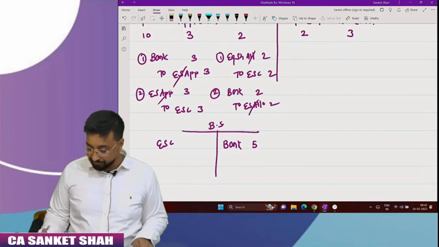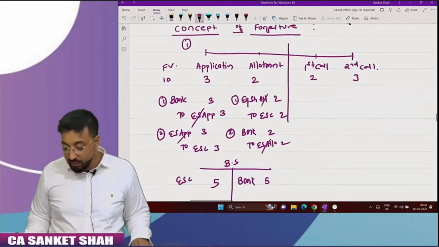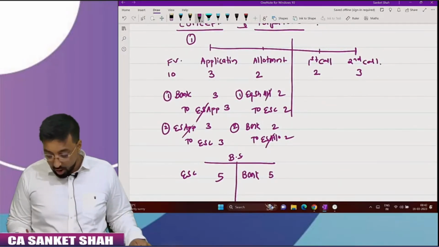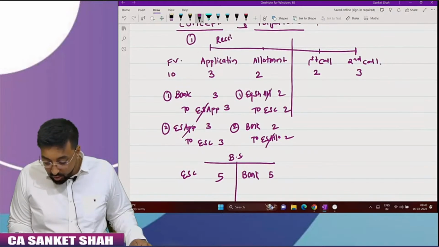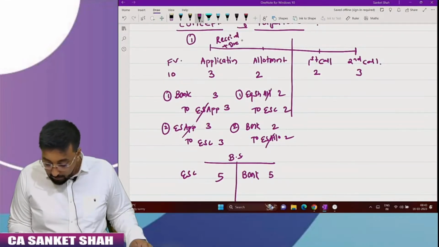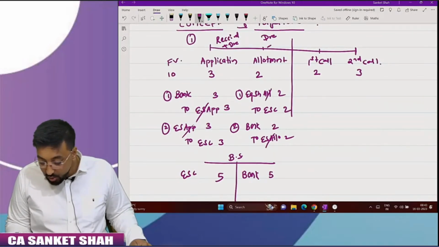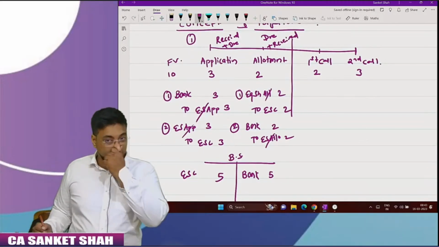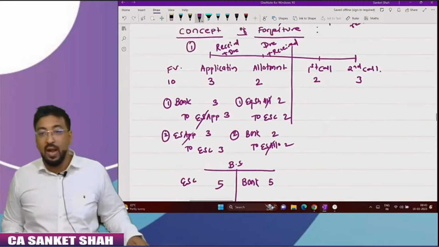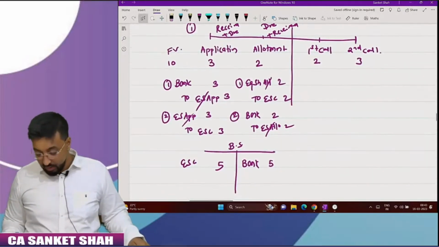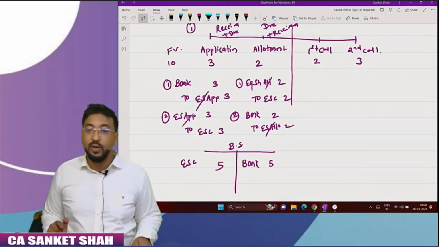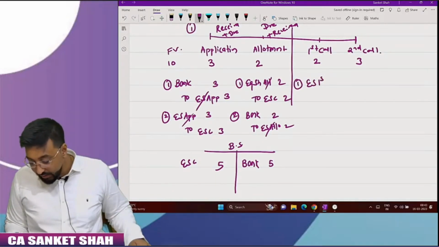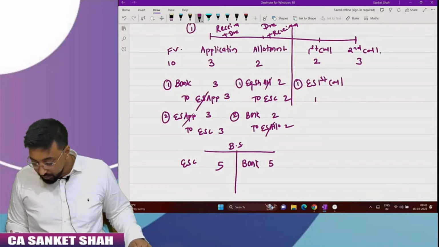See, application money first received and then due. It's a rule. And allotment money, first due and then received. So it's a rule: received plus due, and due plus received. Now first call you beta due. So what is the entry? Equity share first call to equity share capital.